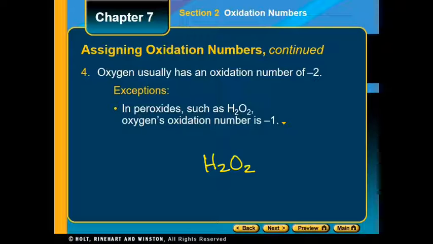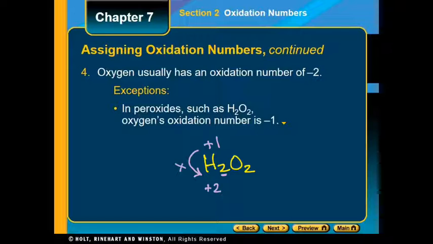Well, hydrogen's not with a metal here, so we're going to give hydrogen its typical oxidation state of +1. As we move down, this looks the opposite of what we've done, but anytime we move down, we multiply. So +1 times 2 is a +2.